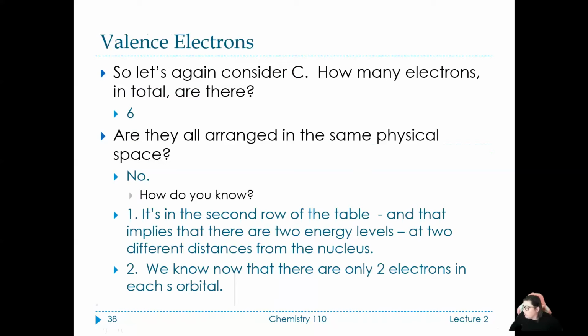Carbon is in the second row, and we know it has 1s2, 2s2, 2p2. So we know that they're not all in the same place. It's in the second row of the table, which implies that there are 2 energy levels at 2 different distances from the nucleus. We know that there are only 2 electrons in each s orbital. Awesome.